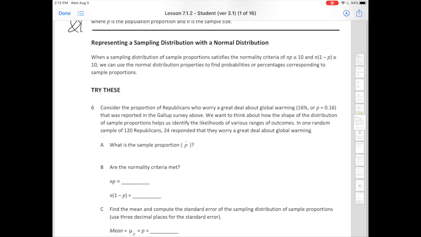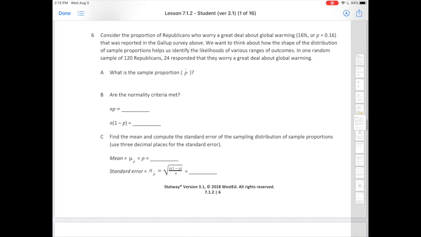Let's start by doing number 6. Consider the proportion of Republicans who worry a great deal about global warming. 16%, or p equals 0.16, that was reported in the Gallup survey above. So remember, we're taking this as fact.